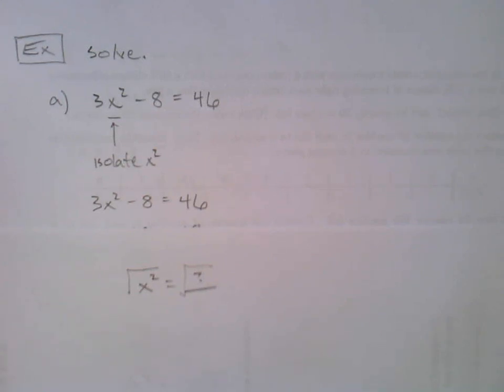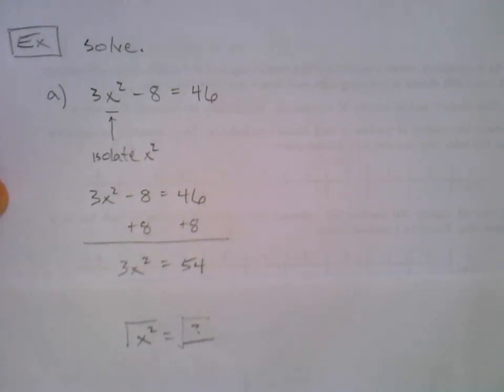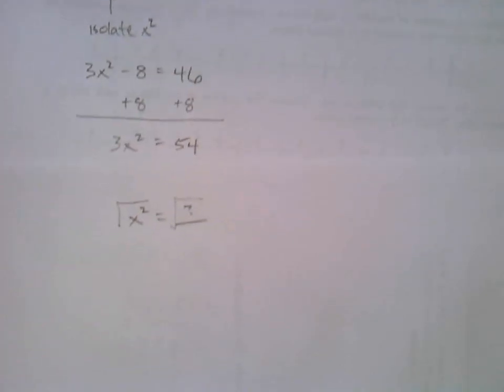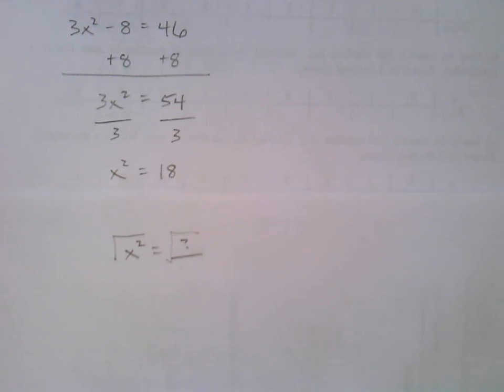I'm going to start fresh, just write this question again. So we're going to add the 8 to both sides, like so. And then we're going to divide both sides by 3.